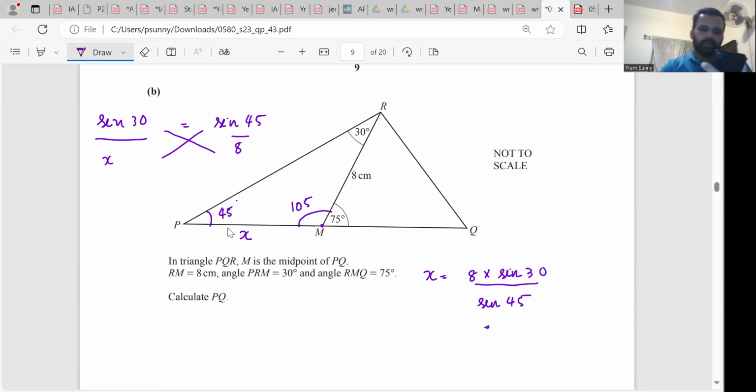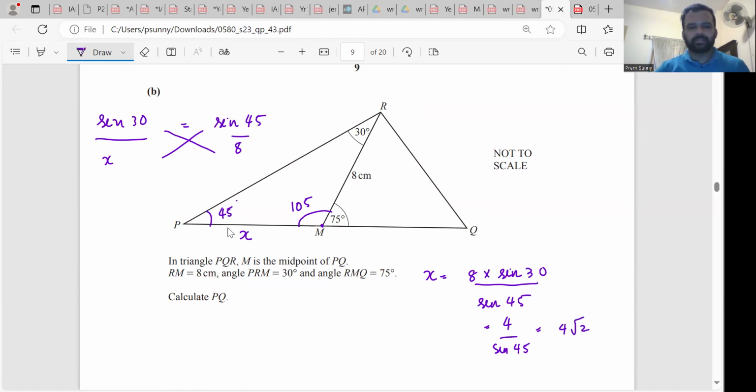You put this in the calculator: 8 into sine 30 will give me 4, divided by sine 45 will give me 4 root 2.